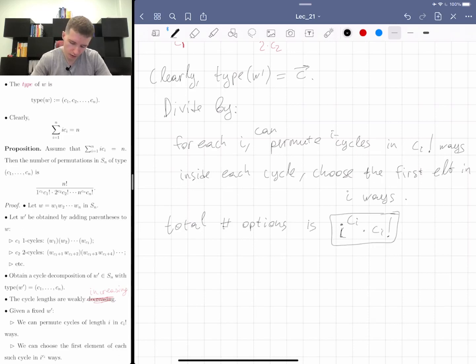And then I take the product over all i from 1 up to n, and then just by the division principle I have to divide n factorial by the size of each preimage. So we are done by the division principle.